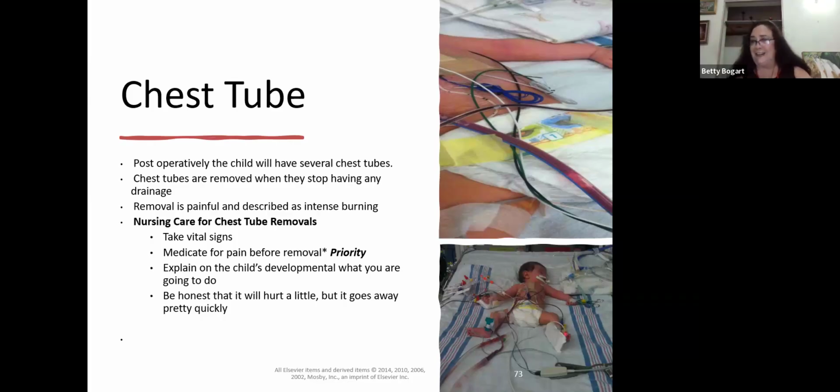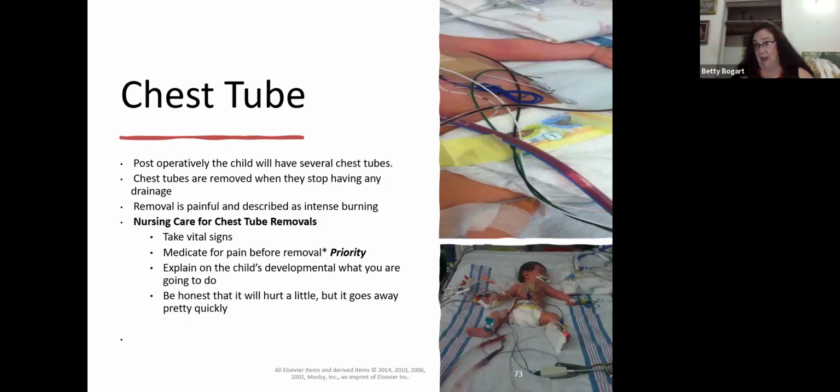And every morning at 6 a.m., the residents would come in and pull out all the chest tubes. What I'm mentioning this for is I know how adults feel when their chest tubes are removed and what they tell me. When it's removed, there's this intense burning. It lasts for a little bit of time, but it is intense.